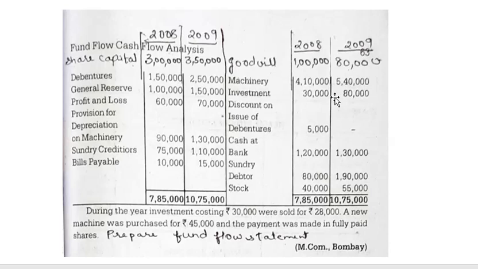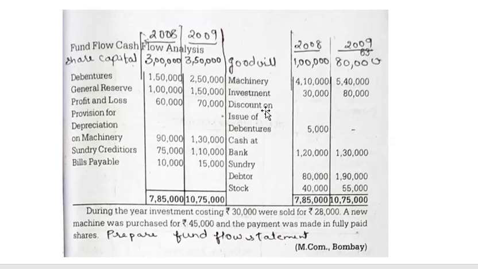Purchase means outflow: when you purchase goods, cash goes out. Outflow means it is an application, so it will be entered in the application side of the fund flow statement.